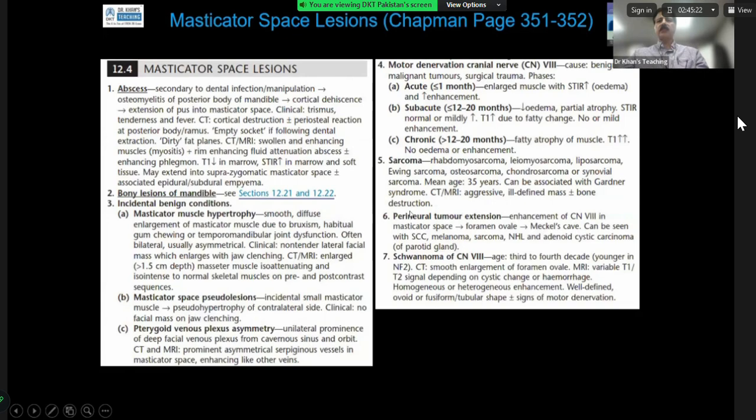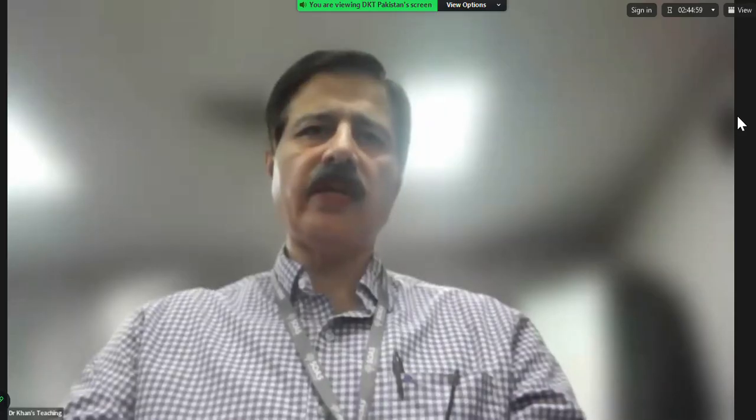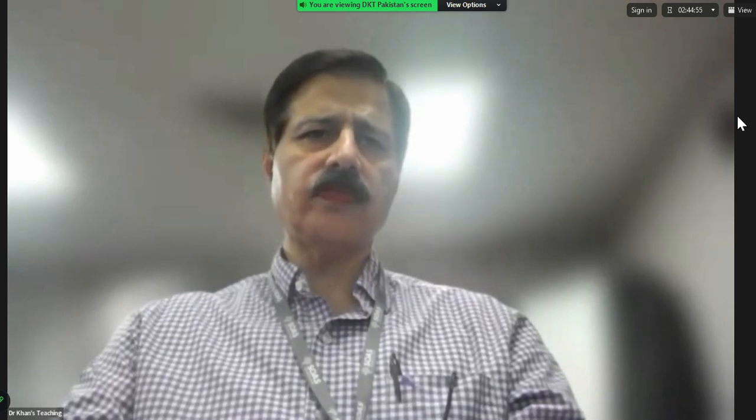And these are the differentials, whatever can happen in the masticator space. And because of the clinical context and the radiological features, you can make a final diagnosis. This is the concept which we are going to revisit again and again during this course. So this was a brief overview, and all of these things will be repeated in detail in subsequent sessions.